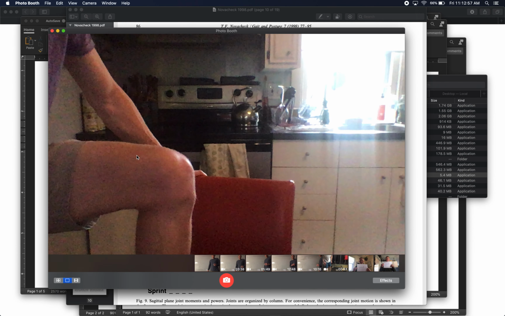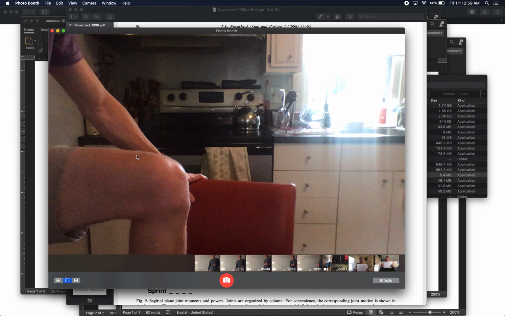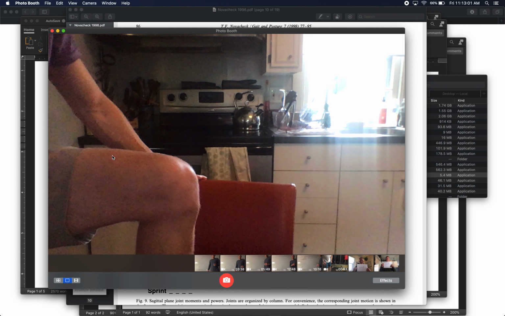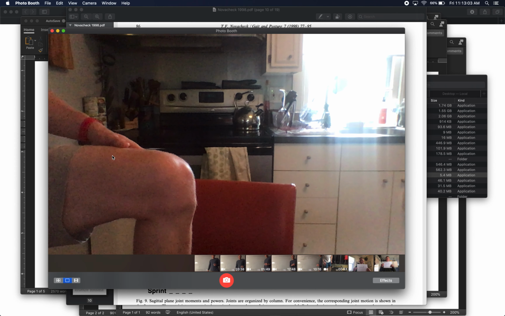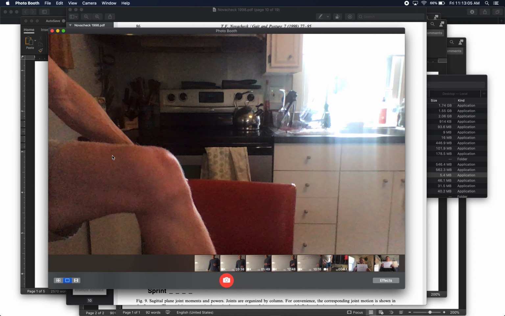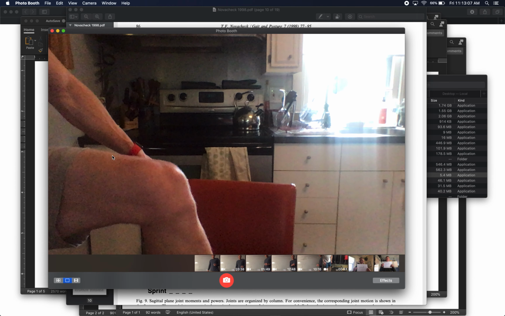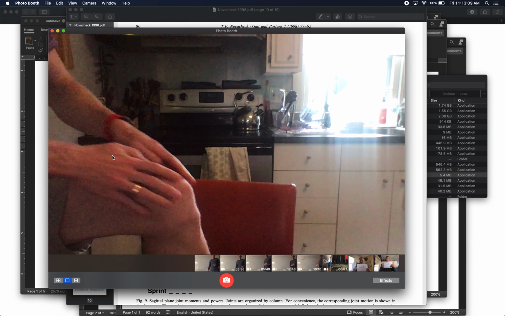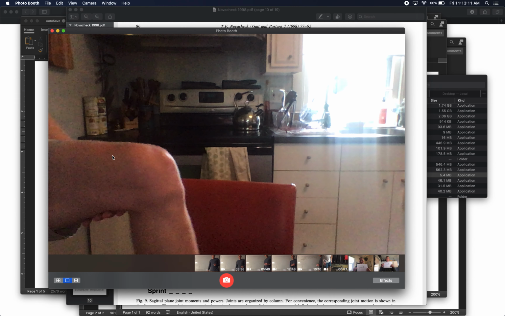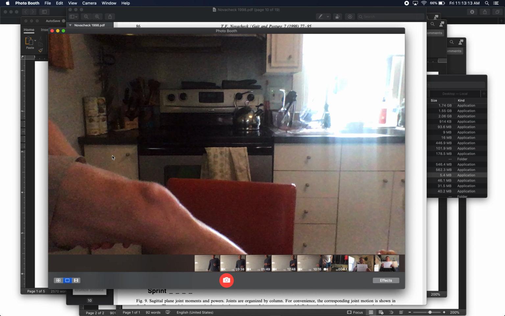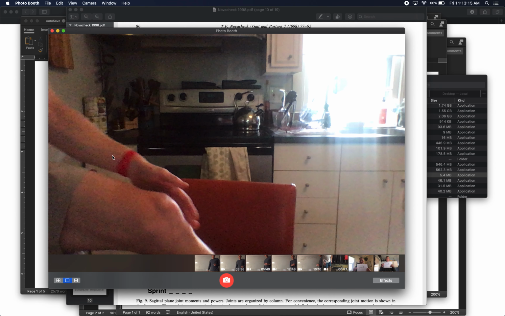You can also infer kinematics of the muscles from the motion of the joint. Notice here that when I'm extending the knee joint, because my quadriceps wrap around the top of the joint, as I extend the joint, my quadriceps get shorter, right?